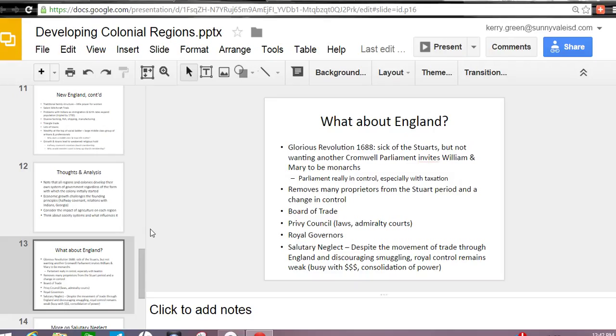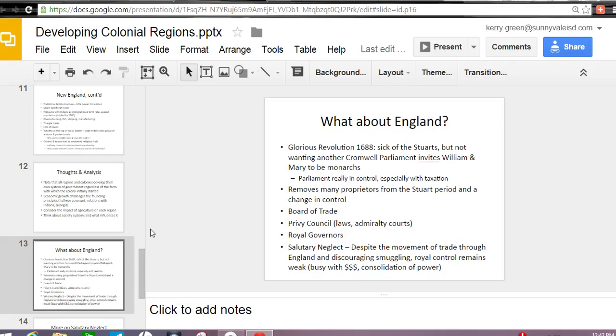And so once they get that in place, you have this period of what we call salutary neglect, which is, you have lots of movement of product coming from the colonies into England and finished products going back to the colonies. And you have these navigation acts that are meant to restrict any kind of outside trade.